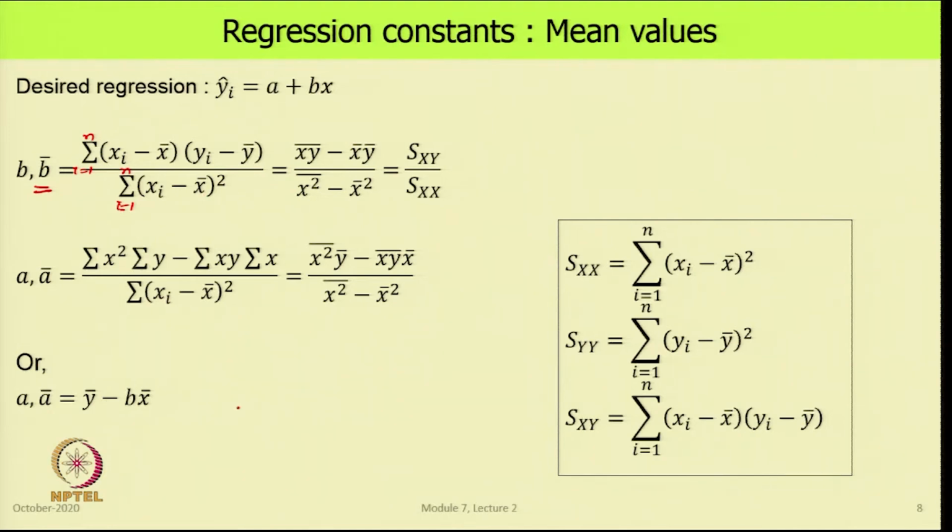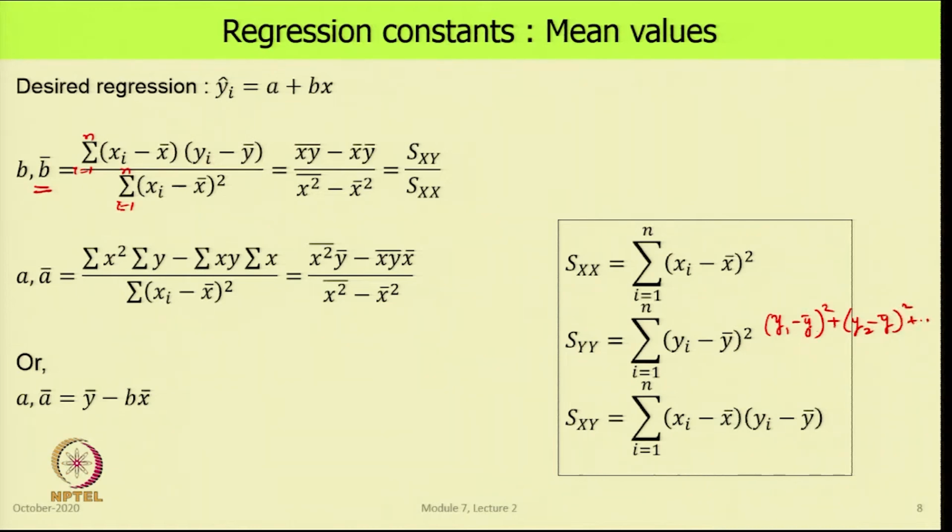And in some notations that we develop, we take some short forms. We define Sxx, with a capital S as a sum, the summation of x i minus x bar whole squared, and Syy as y i minus y bar whole squared summed up over all the values. So, for instance, this will be y 1 minus y bar squared plus y 2 minus y bar squared and so on.